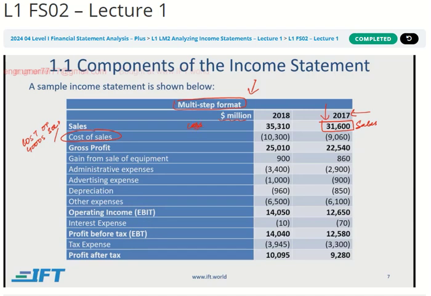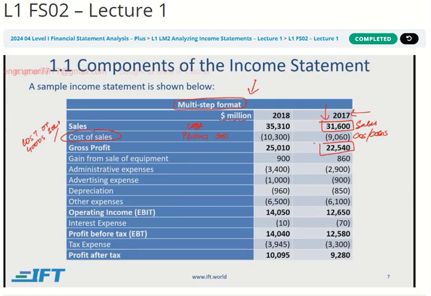So this sales would be from the revenue you generated from selling those cars, and the cost of sales would be the cost of making those cars, the product cost. This is also known as the product cost. And then after subtracting your product cost, cost of sales, or also known as cost of goods sold, right, you will get to your gross profit.